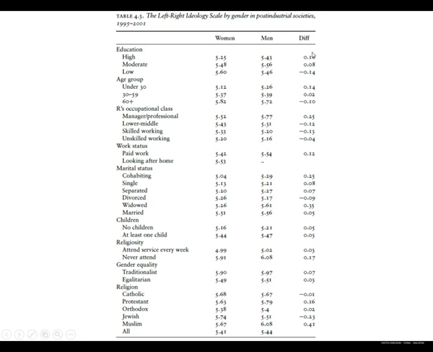Now what they've done is they've made it so that negative numbers mean that women are more conservative than men, because the general hypothesis is that men will be more conservative on most of these things than women. So we are going to create our own calculated column with our new table.